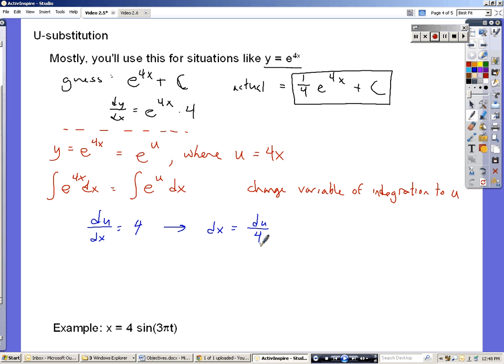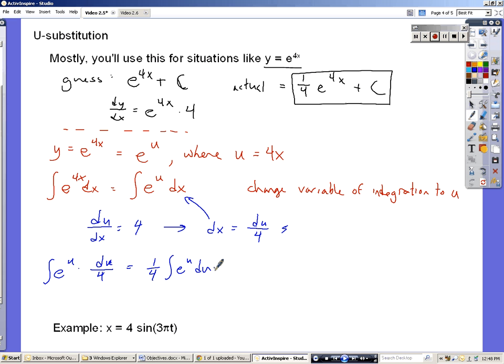Seems simple enough. We'll just leave it like that. And then we'll put this dx into that equation. And so we have the integral of e to the u times du over 4. Well, that 4 is a constant. It can come out the front of the integral.